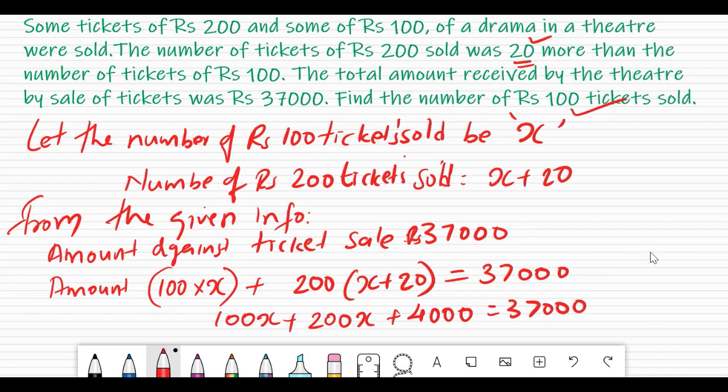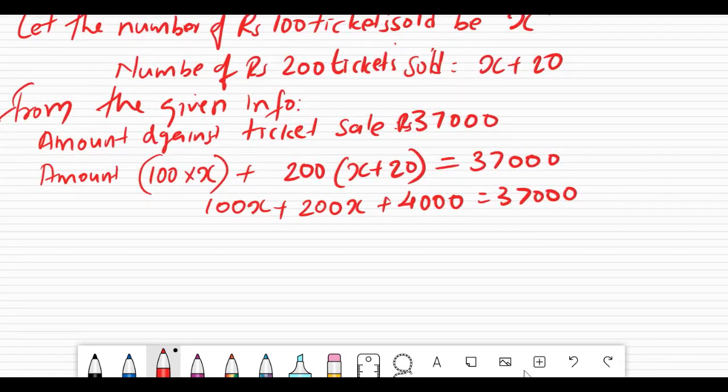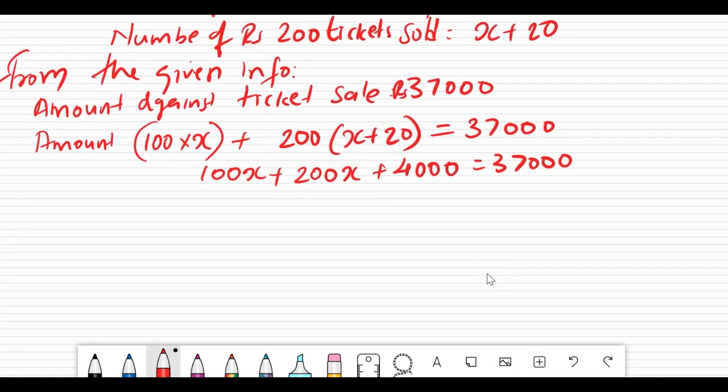Correct? If we further take care of the left side of the equation, these two together will become 300x, and 4,000 will go to the right side. So I can write x is equal to 37,000 minus 4,000, which will be equal to 33,000, right?